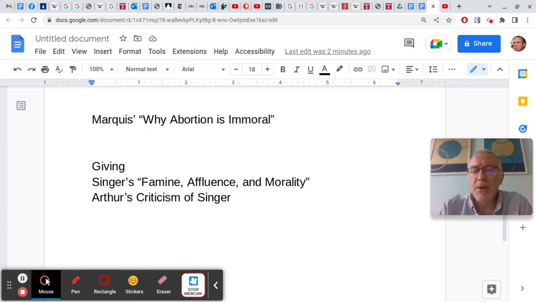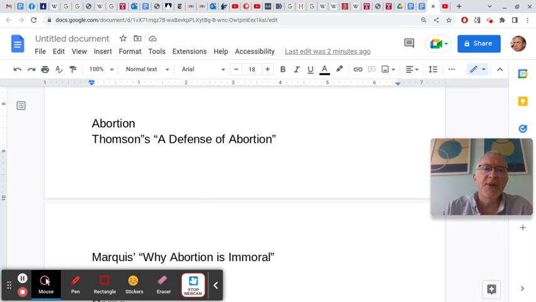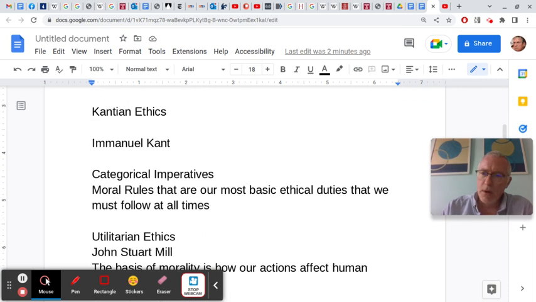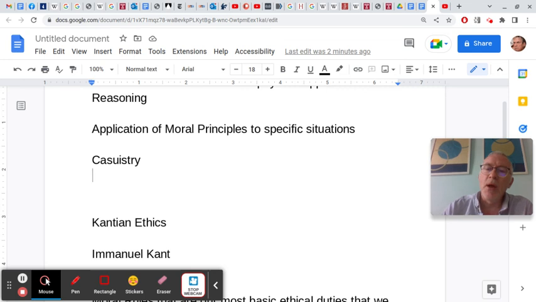But we also have an obligation to do what we can to help others. How are those two things to be balanced? Casuistry is really about how we apply and balance the different moral principles that we, in one form or another, all have, not that we all agree upon them. How are they to be applied in specific situations?